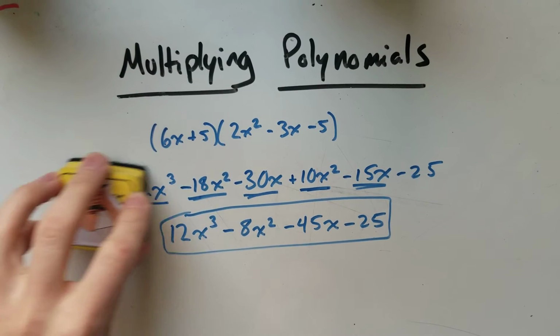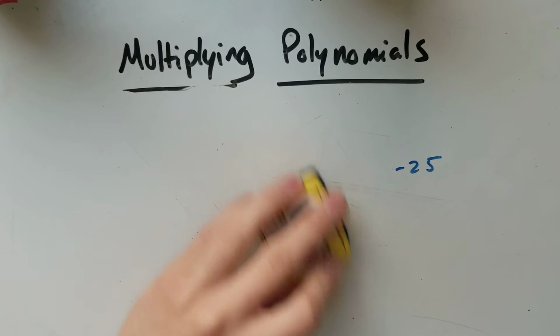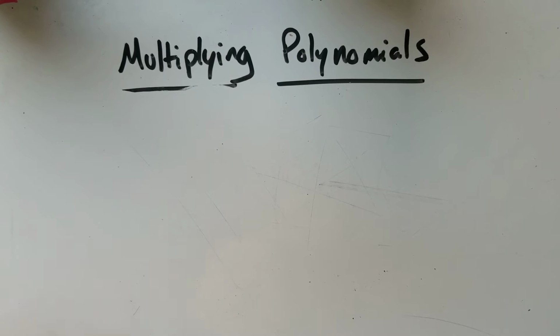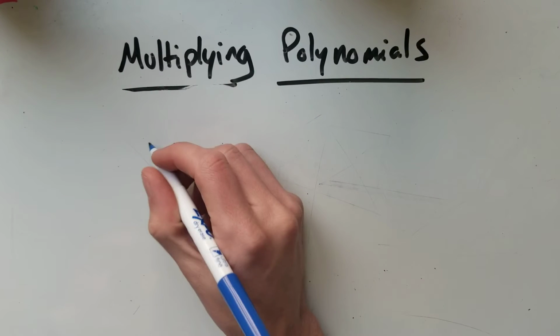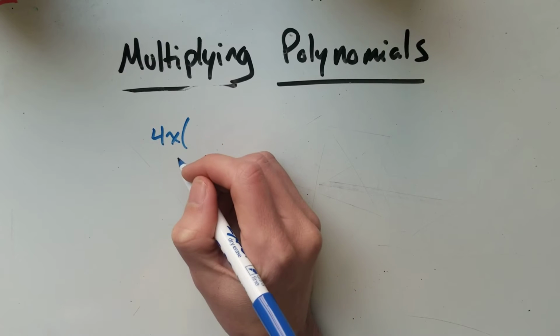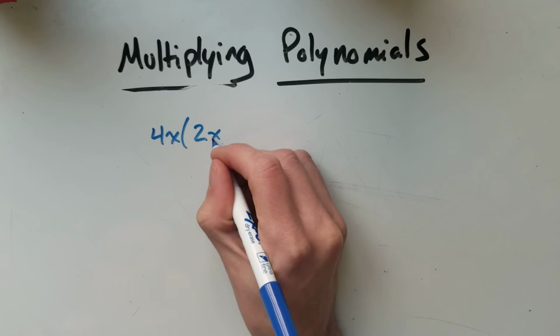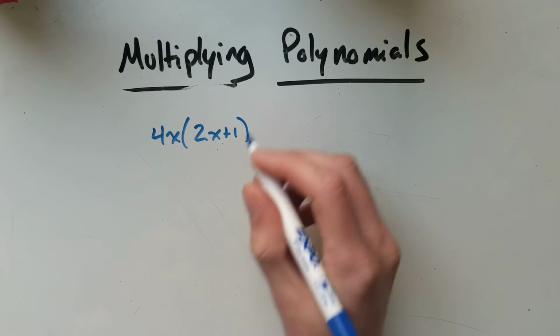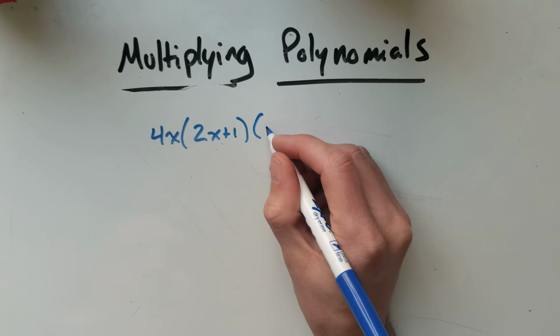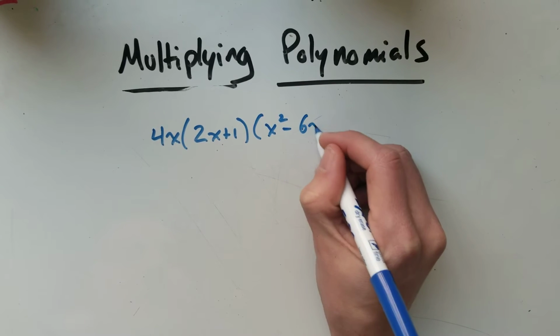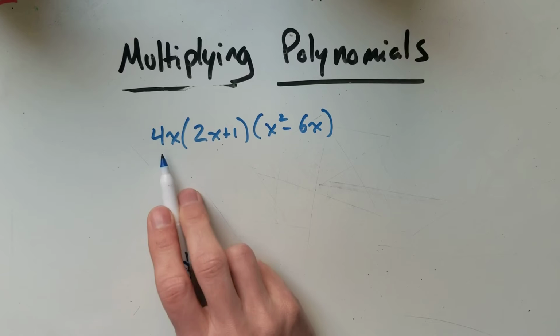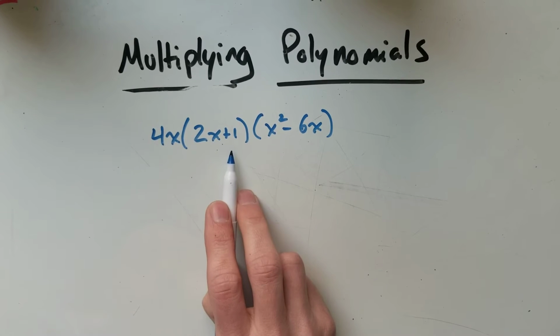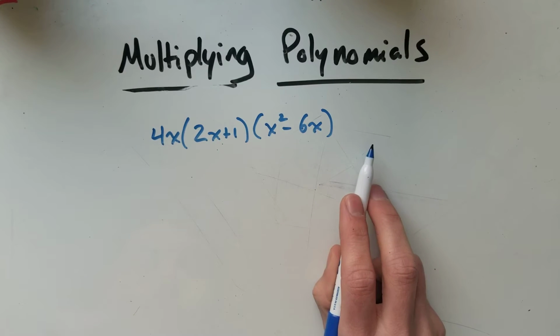And this works if you're multiplying more than two polynomials as well. So another example we'll look at: 4x times 2x plus 1 times x squared minus 6x. So now we're multiplying a monomial by a binomial by another binomial.